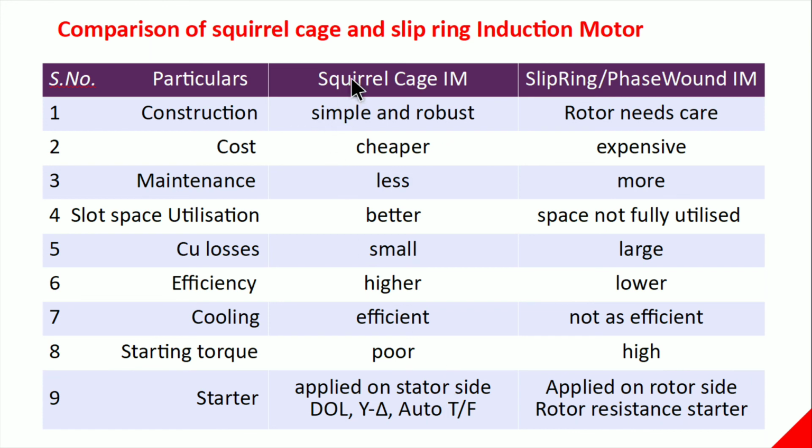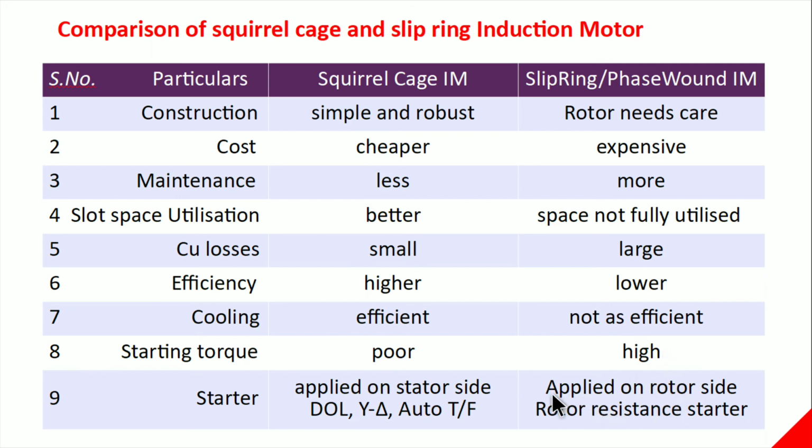If we compare all these points, two points go in favor of slip ring, that is high starting torque, and the rotor resistance starter, which serves two purposes, controlling the starting current as well as improving the torque.